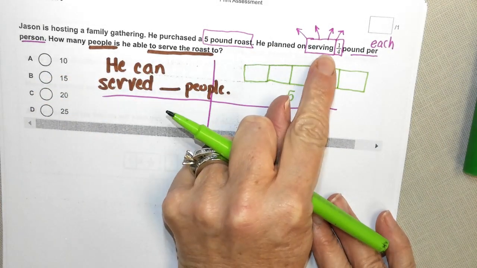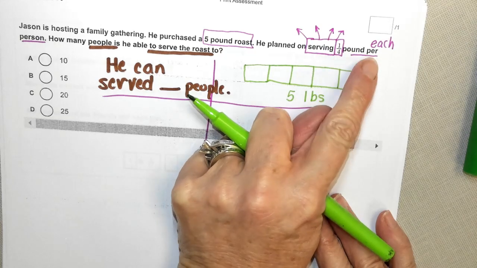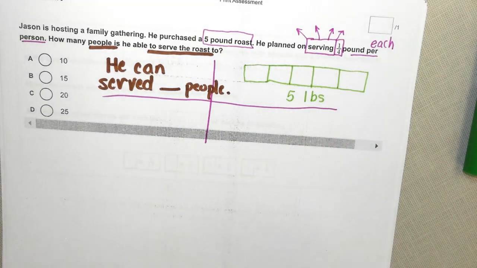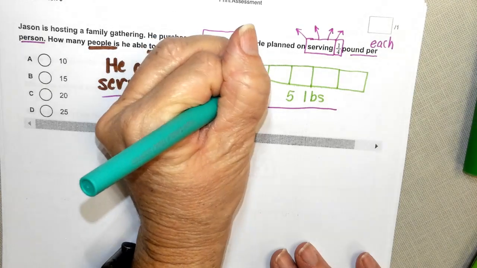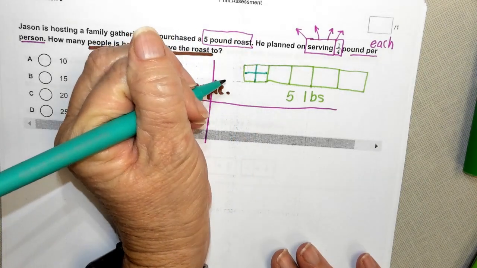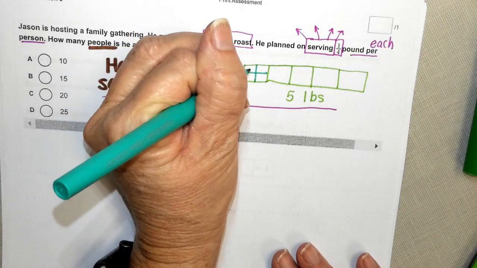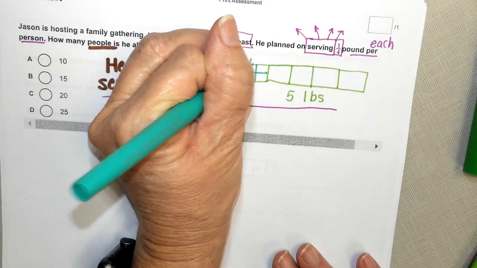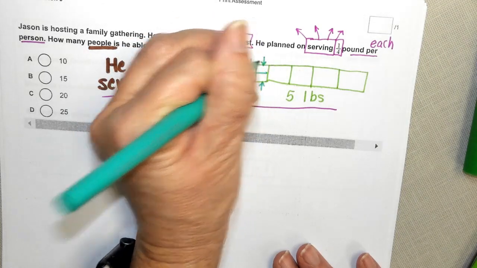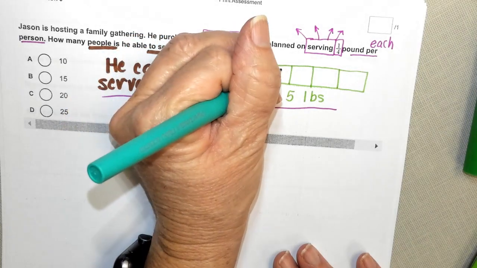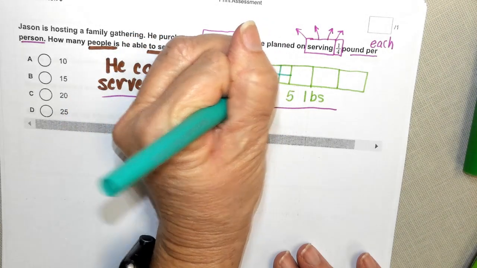He planned on serving 1/4 pound per person. That means that he's going to take each pound and he's going to cut it into 4s. There's my hint. And each person's going to get one of these equal parts. So I'm going to cut each picture.